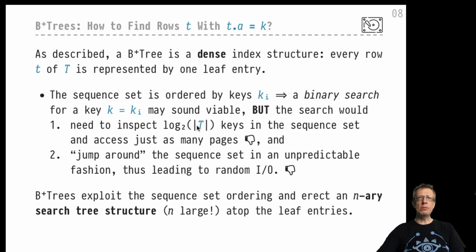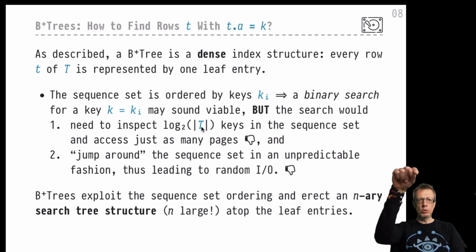But the news is even worse, because binary search is a process in which we are guided, inside this ordered sequence of keys, from one end of the sequence to another. Binary search is based on jumping around in that sequence. You would identify a pivot and would find that your key is larger than that particular pivot.